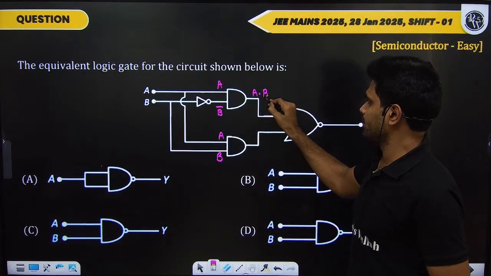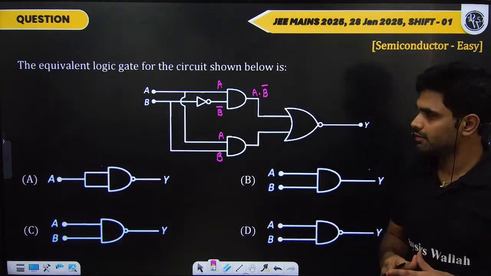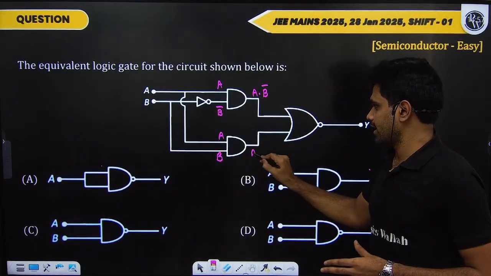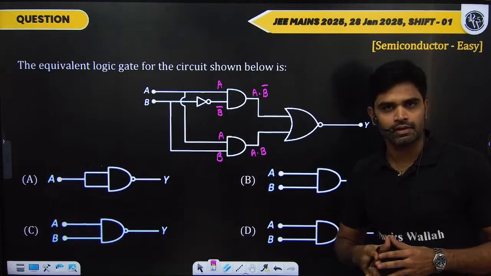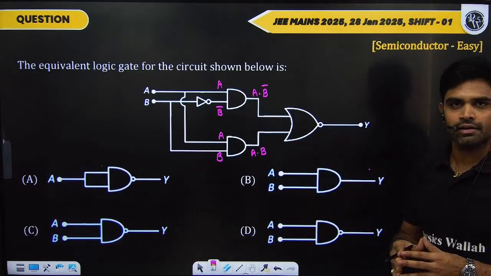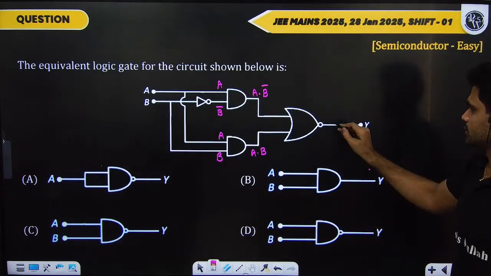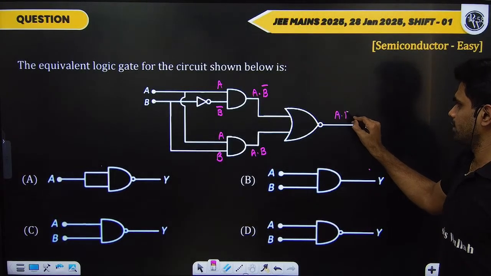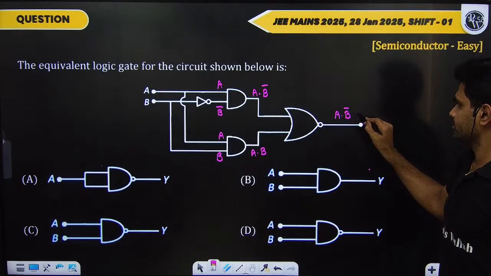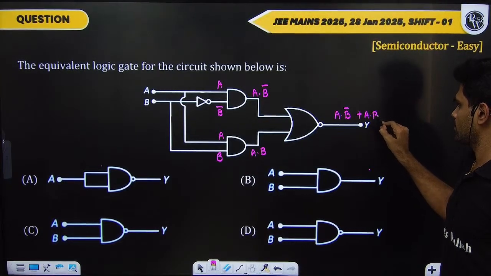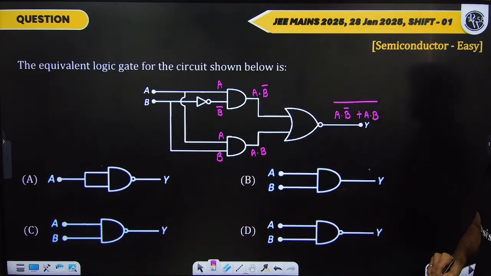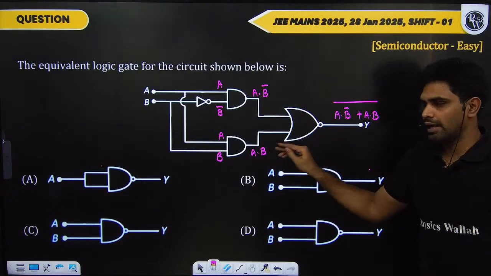We have A dot B bar, A and B bar. This is also an AND gate operation with B bar, B. Between these two, we have a NOR operation.